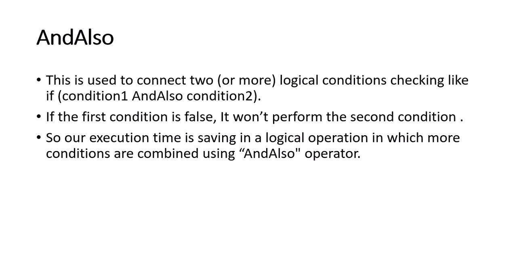If that scenario is there, then you can use AndAlso. In that case, if the table is nothing, then it will not go ahead and check the second condition, which is table dot row count greater than 0. So using this, our execution time is saved in this particular scenario with AndAlso.